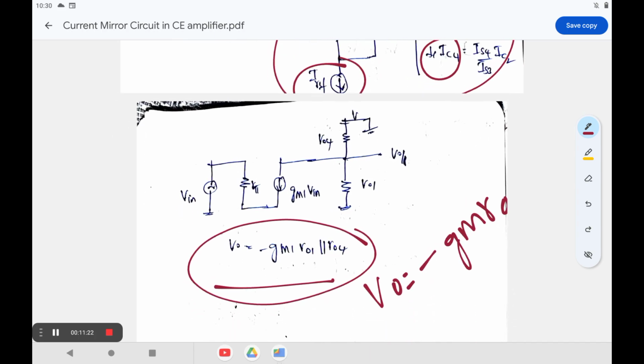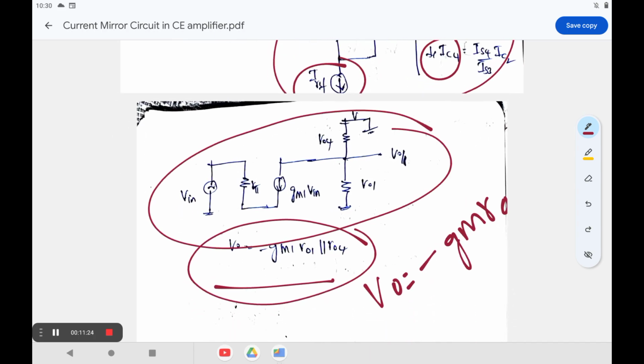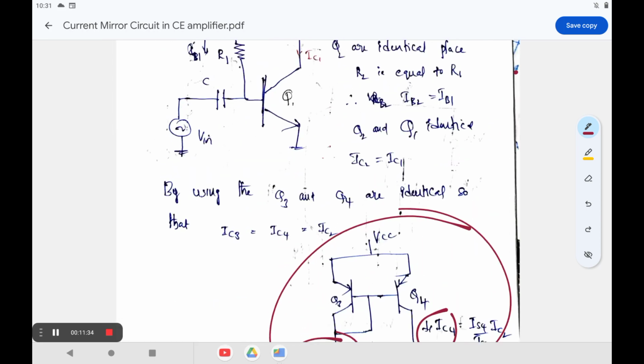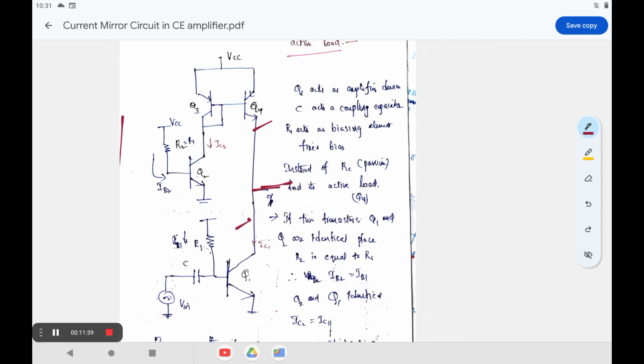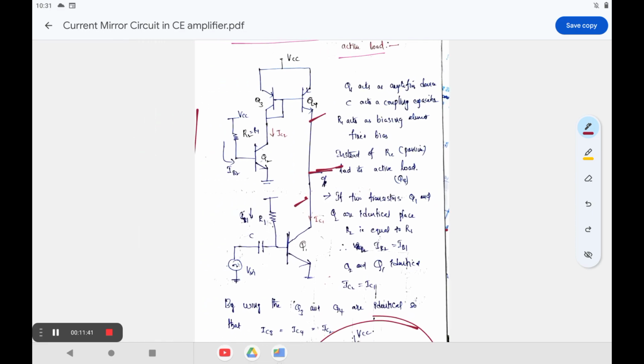Coming to this one, the circuit represents a small signal equivalent of the corresponding CE configuration amplifier with the help of a current amplifier. Basically, let us see the circuit very briefly. Why are we taking the small signal analysis? If you want to find the voltage gain, you don't require any DC voltages, just an AC analysis.